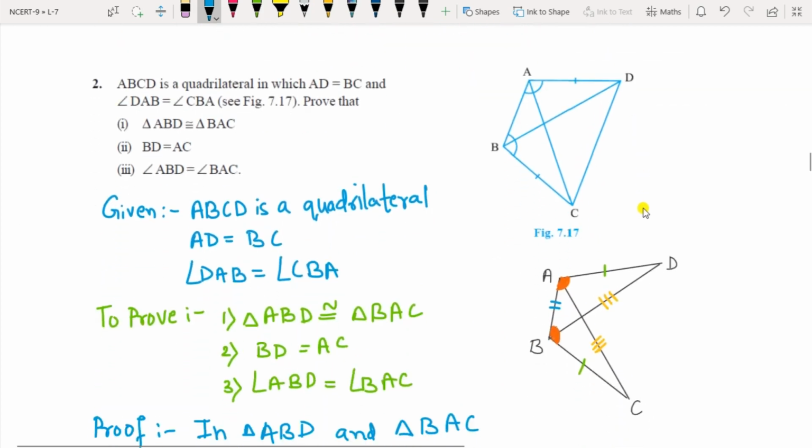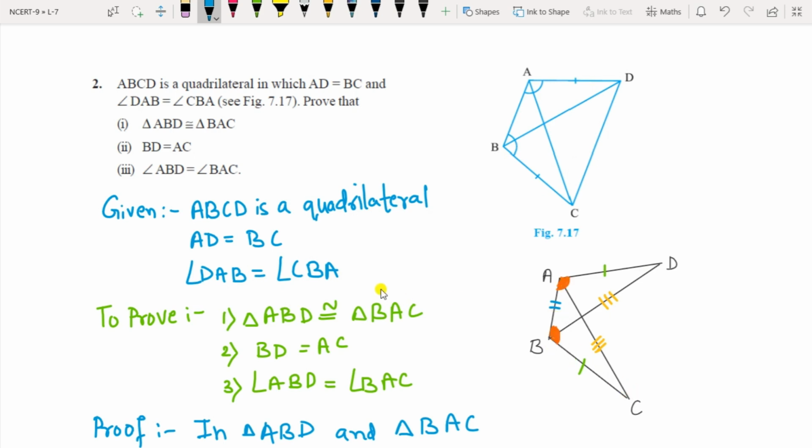Second question here. ABCD is a quadrilateral in which AD is equal to BC, that is given. ABCD is a quadrilateral, AD equal to BC, and angle DAB equal to CBA, that is also given. DAB, that I have shown in the orange here, DAB equal to CBA, that is given. Okay.